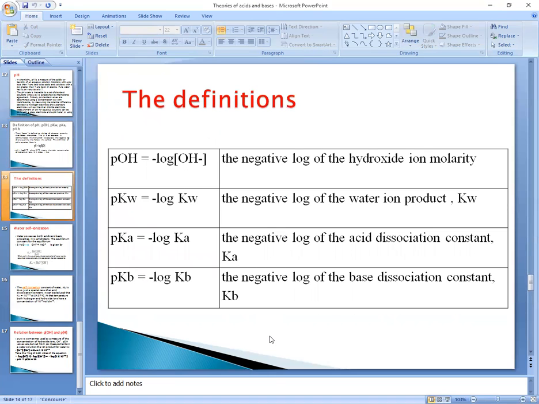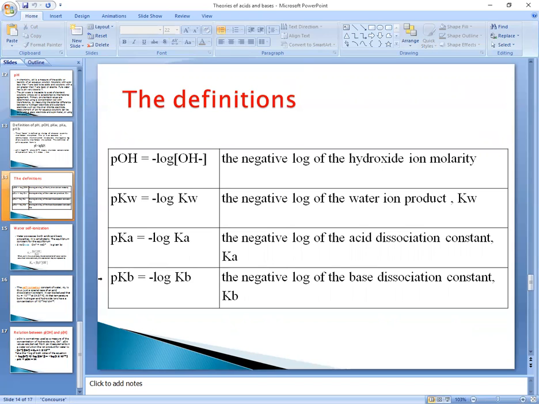Yes, absolutely. Keeping in view the previous slides, we can easily define pH, pOH, pKw, etc. pOH means negative log of hydroxyl ion concentration, pKw negative log of Kw, pKa negative log of Ka, pKb negative log of Kb.